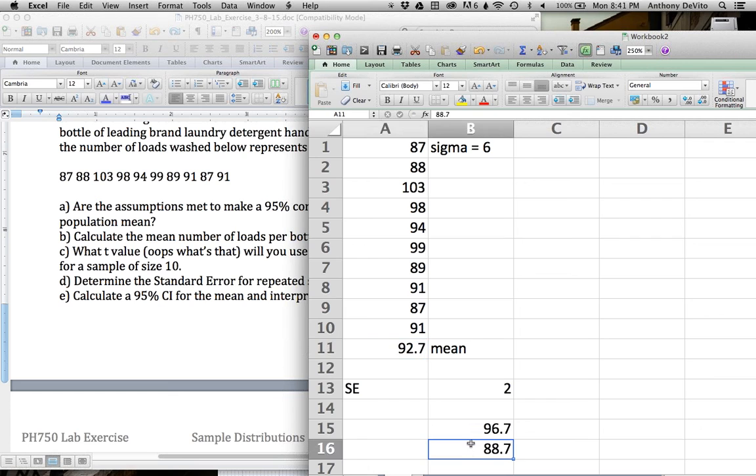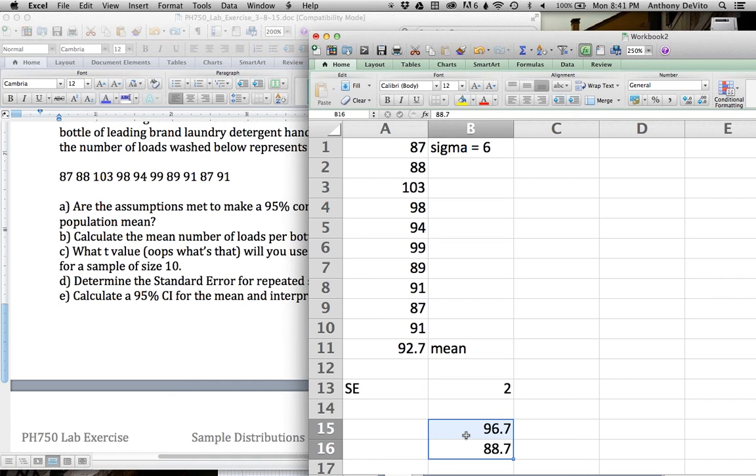But now we can put a level of confidence on this range of numbers from 88.7 to 96.7, and this is based on what we understand about how samples are distributed, right? So there's a value in that. Now we can predict how likely we are to be correct that the population mean is between these two numbers.